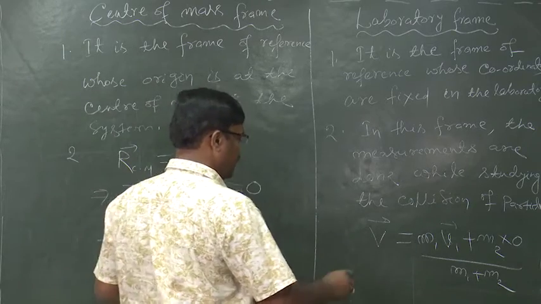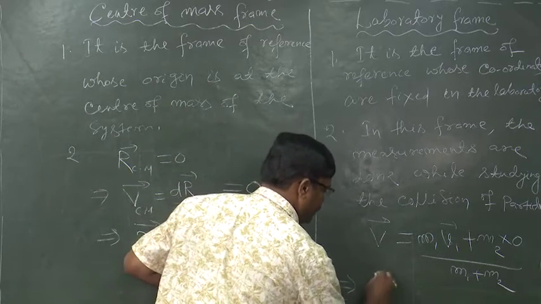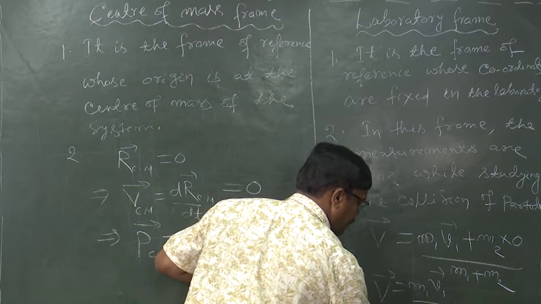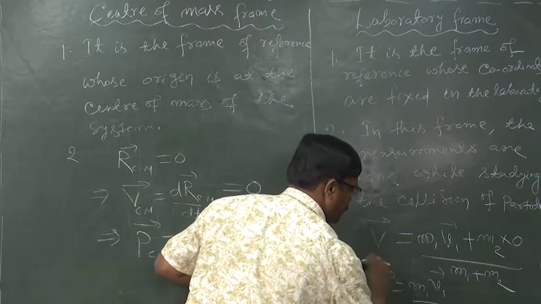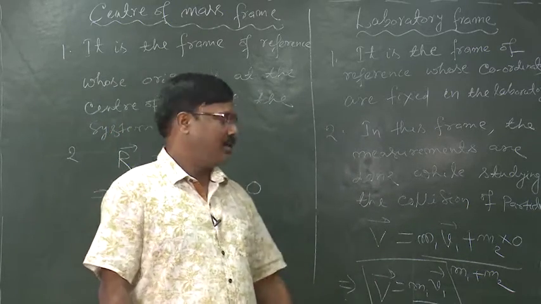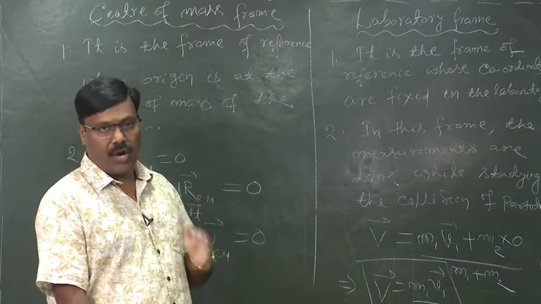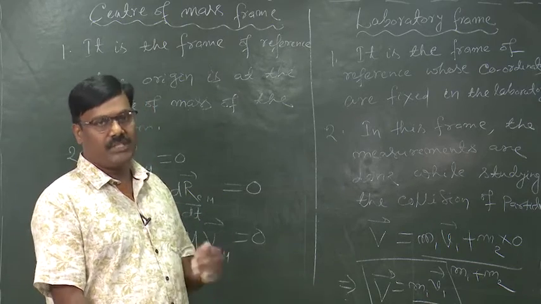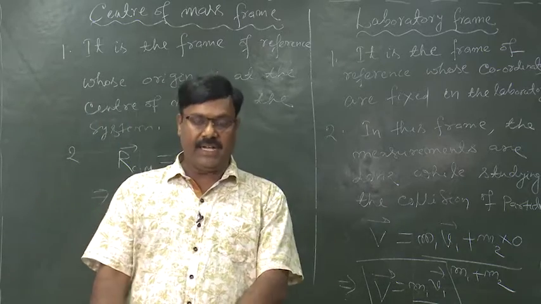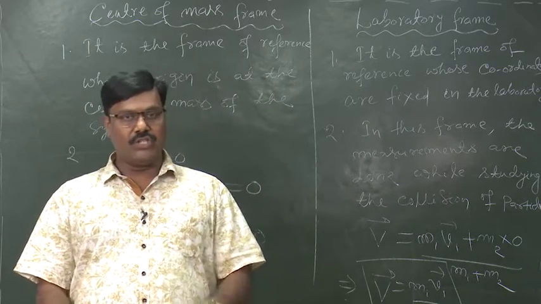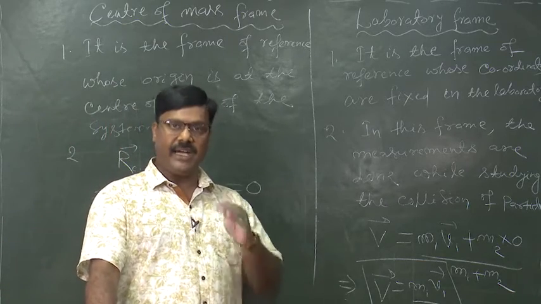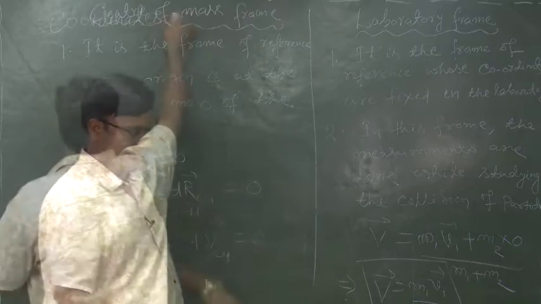So, this can be reduced to v equal to m1 v1 divided by m1 plus m2. This is the expression for the velocity of the center of mass of a two particle system with respect to the laboratory frame of reference. And let us find out the coordinates of the center of mass frame and the laboratory frame.